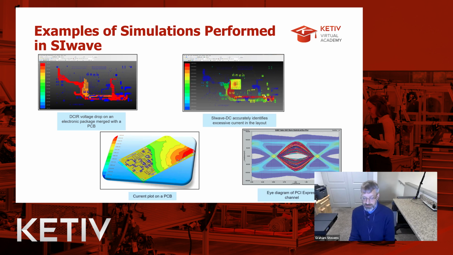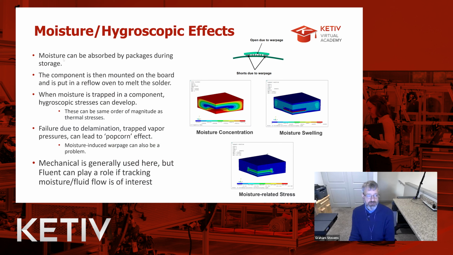Identifying excessive current, looking at current plot or eye diagrams. So moving along in terms of moisture ingress or hygroscopic effects, typically these are modeled in Ansys Mechanical. So this is one particular situation where moisture can be absorbed during storage and then mounted and then trapped inside a component, and you get hygroscopic stresses.